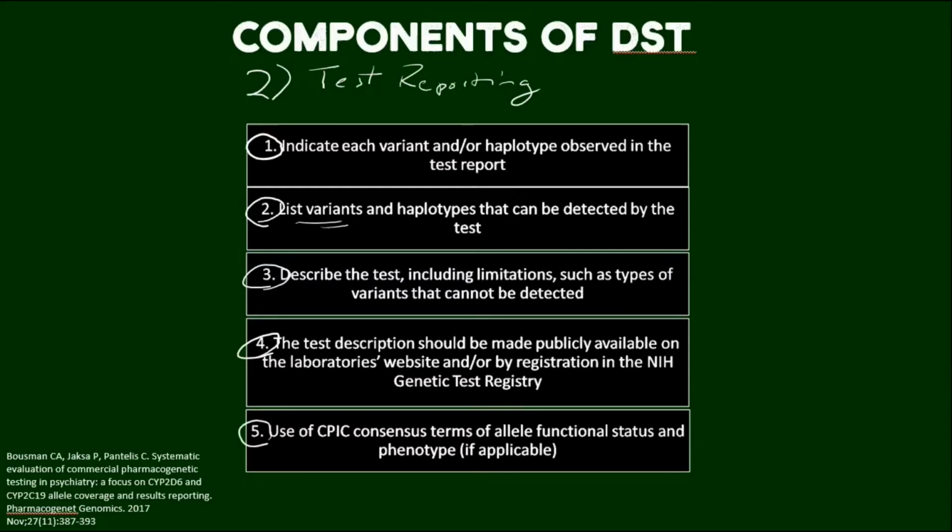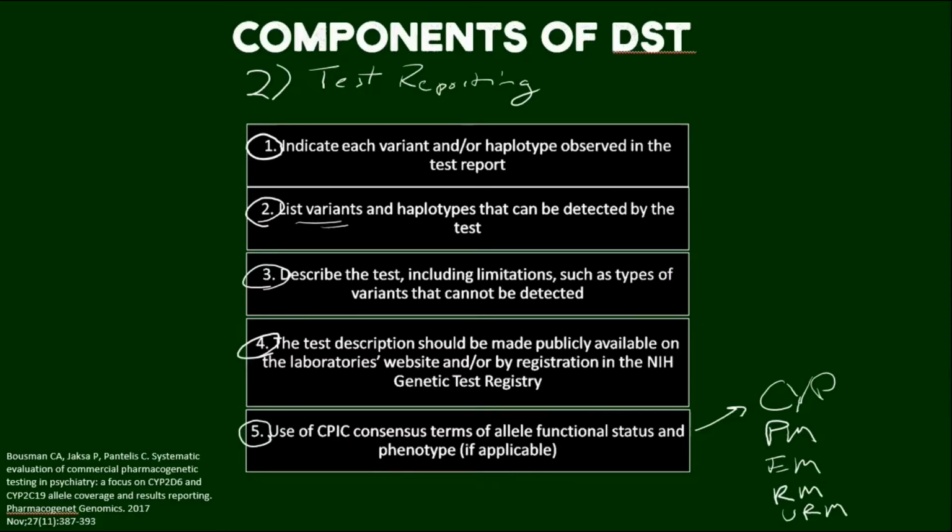And then finally, the use of CPIC consensus terms of allele functional status and phenotype, if it's applicable to that gene. So again, in pharmacogenetics, we're doing a lot of cytochrome P450 testing. And what you may know or you may not know is that when you get a star allele status from a CYP gene, those are generally translated into a so-called phenotype that kind of looks like this.